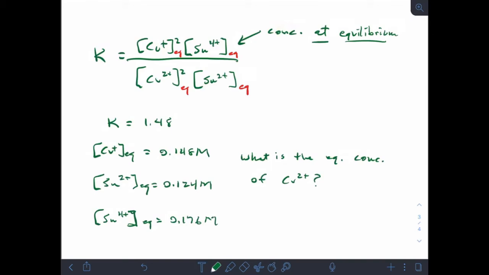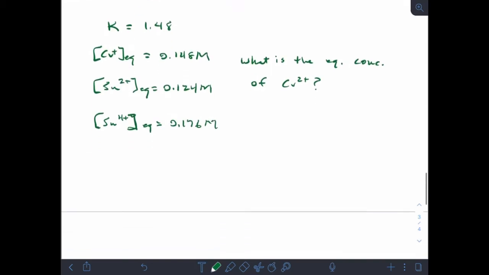Okay, so we have everything from our equilibrium constant expression except for the concentration of copper 2+. So all I need to do is plug these values directly into my expression and we can solve.